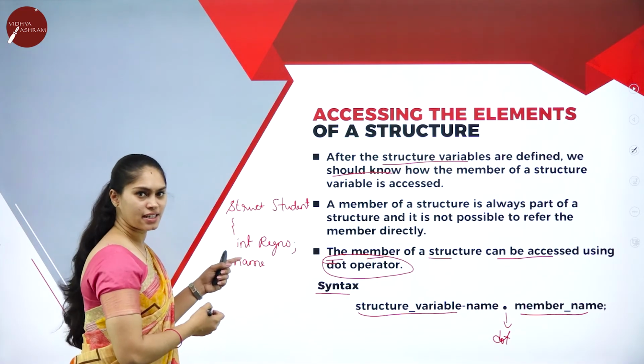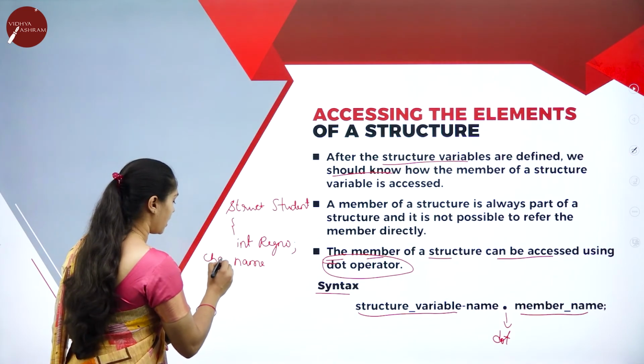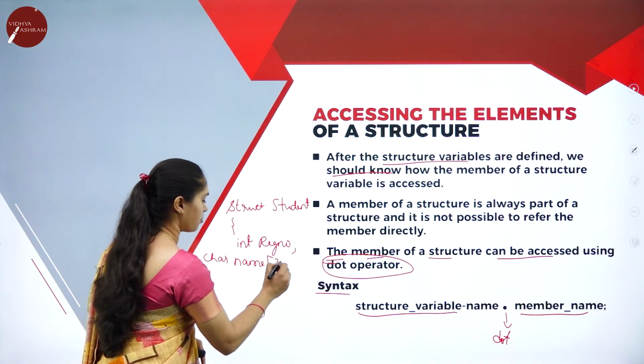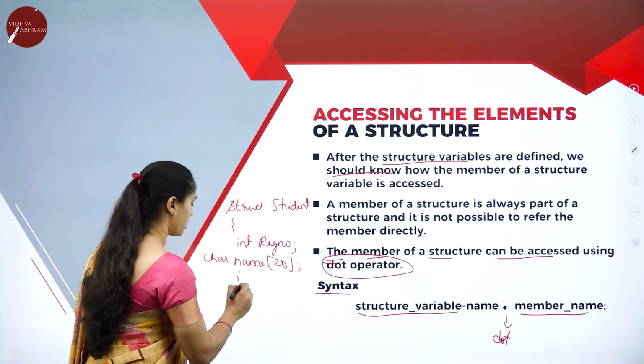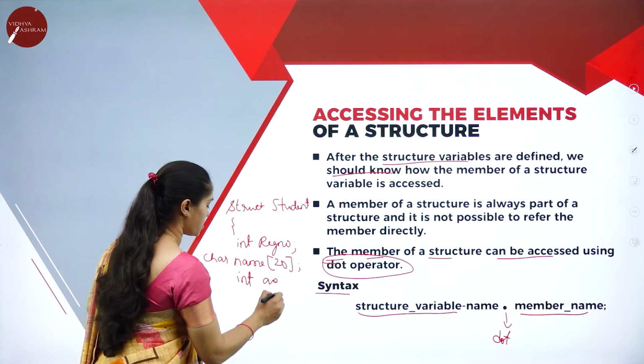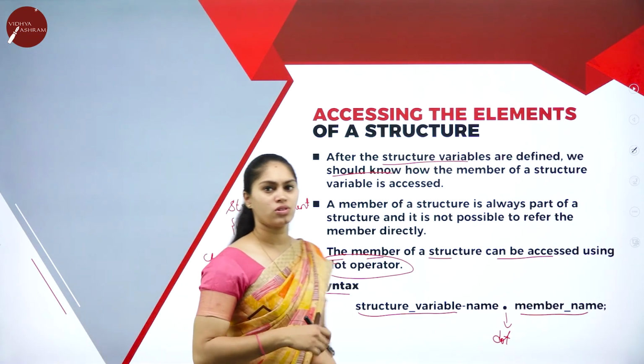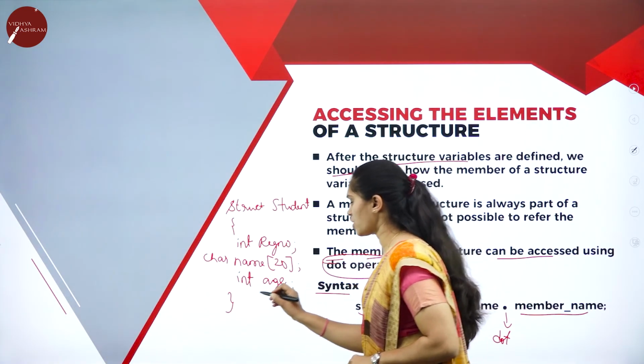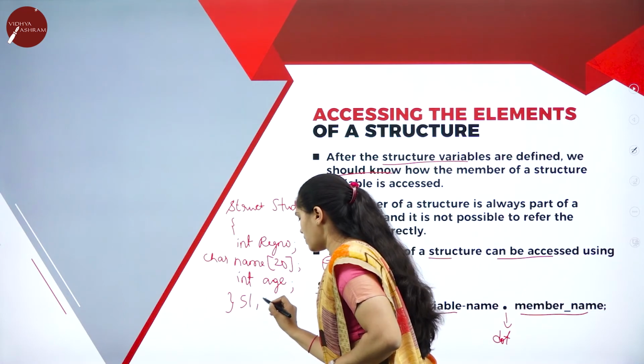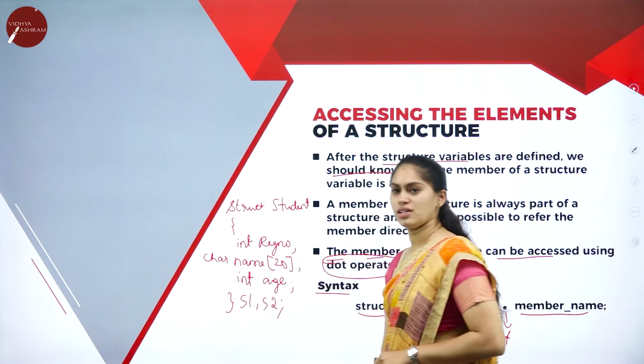Can I take it directly? No, I have to give a data type. Let me consider char name of 20, and int age. These are the three members, and I want two variables for this structure called student. Let me consider S1, S2, and put a semicolon.